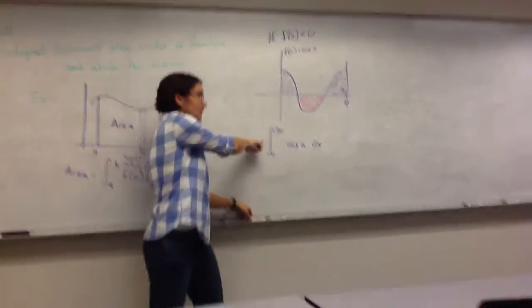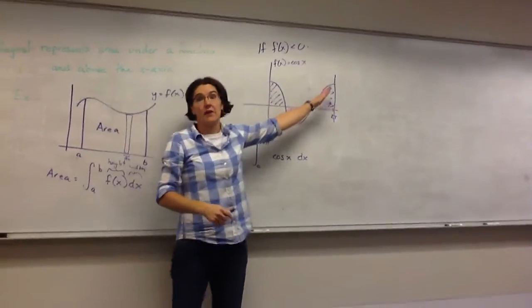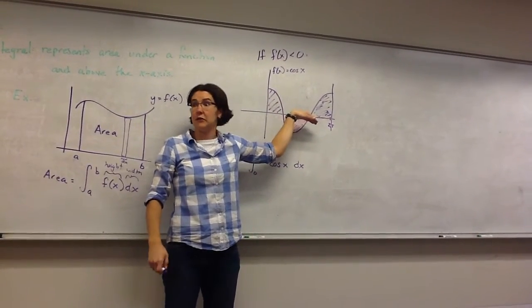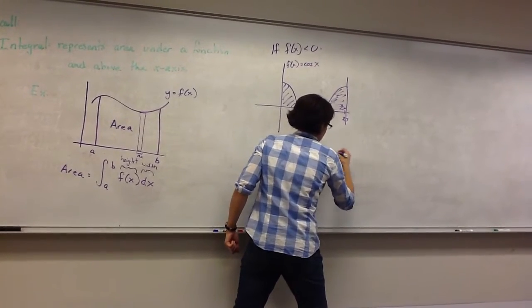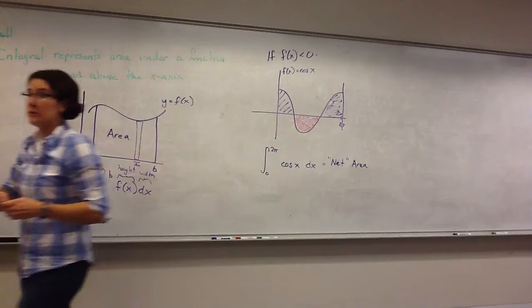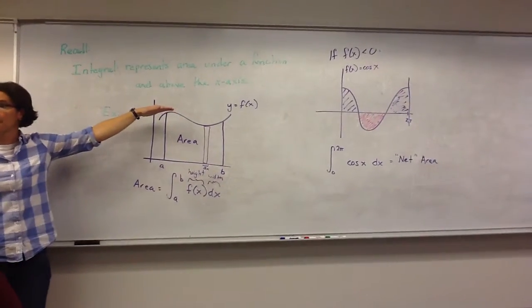So this integral describes the net area. I'm taking the areas above and then subtracting off the areas below. So our integral describes net area as opposed to just solid area, like when our function is totally above the x-axis.